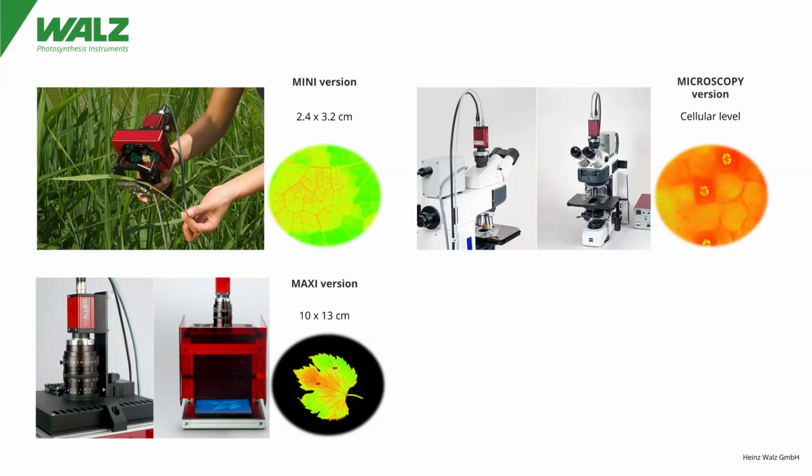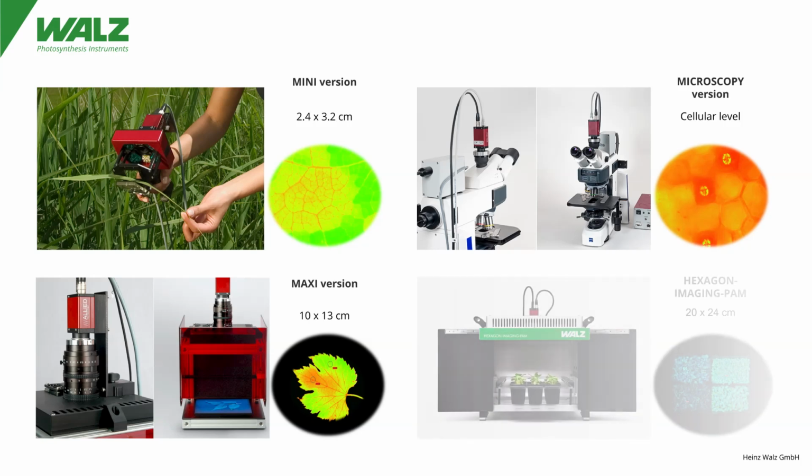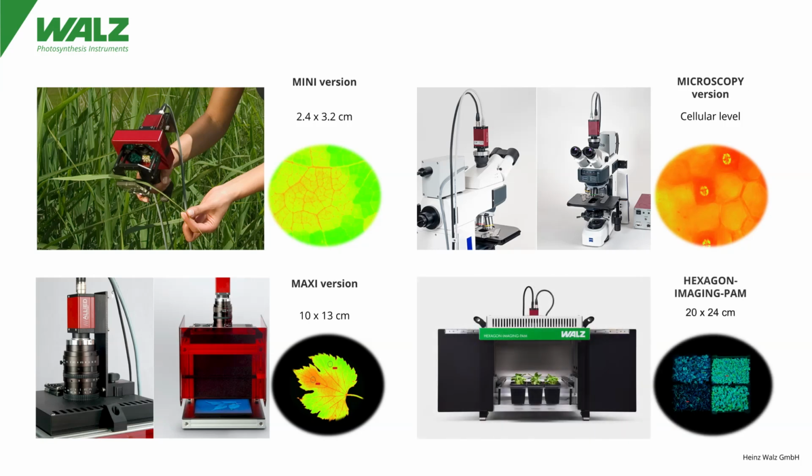This allows for the simultaneous measurement of either several leaves or an entire 96-well plate. The HEXAGON-IMAGING-PAM further increases the imaging area by a factor of 4, resulting in an area of 20 by 24 centimeters. For example, this allows several Arabidopsis plants or 4 96-well plates to be measured simultaneously.